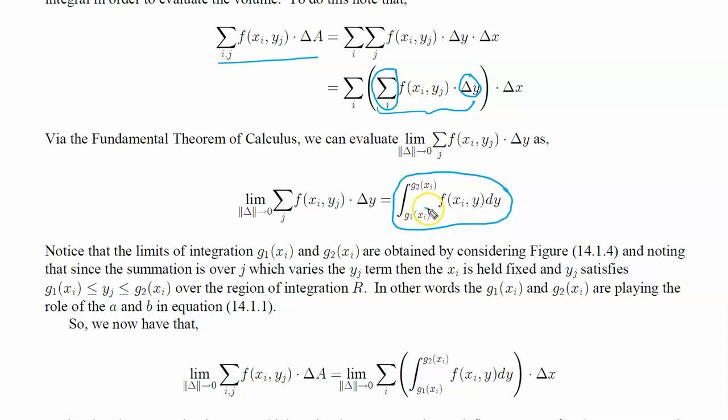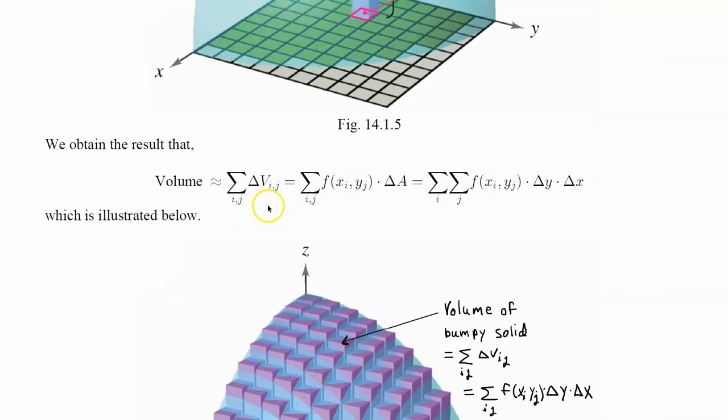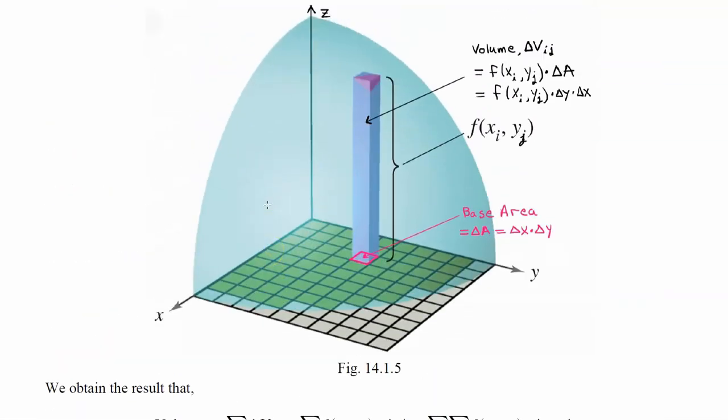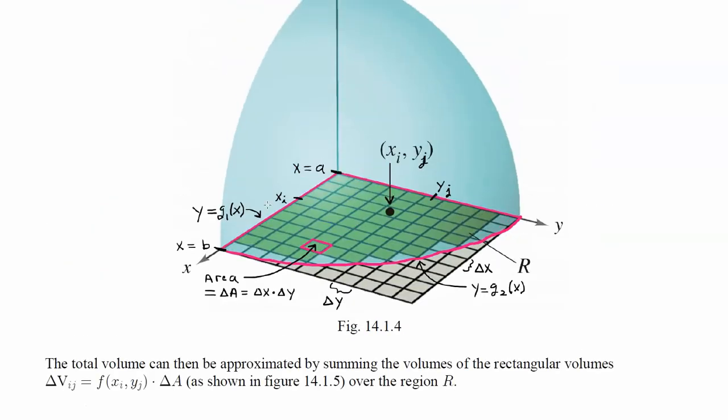Okay, so where are these limits of integration coming from? You might be wondering. Well, if you look back to the diagram that we have up here, let's go back up to this one right here. With that inner summation, we're thinking of fixing the x sub i, and then we're going to increment over these rectangles first.